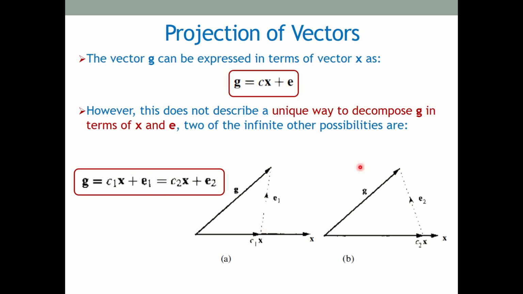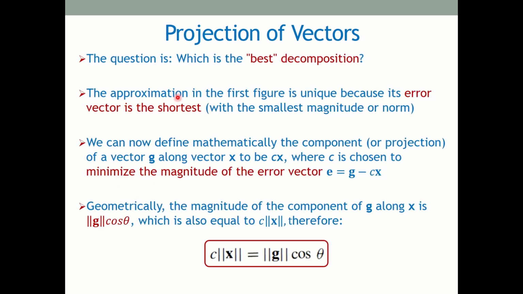But the issue is that there is no unique way of describing this g, because some other representations of g in terms of x and e are shown here in figures A and B. So you can see by changing the length of e, we can have other representations of g in terms of e and x, right? So the question is, which is the best decomposition?